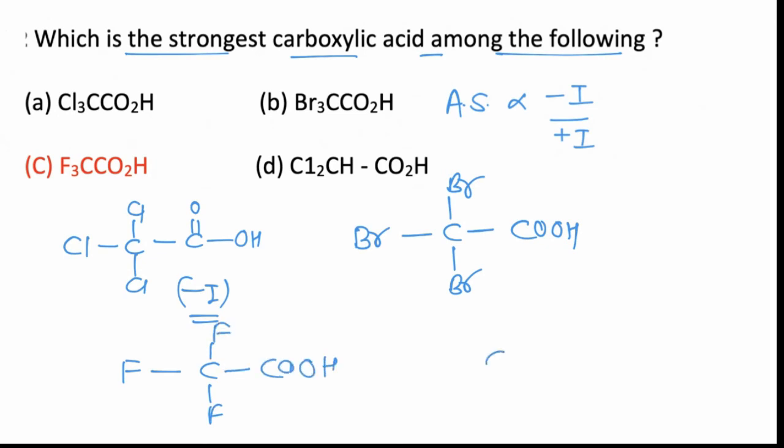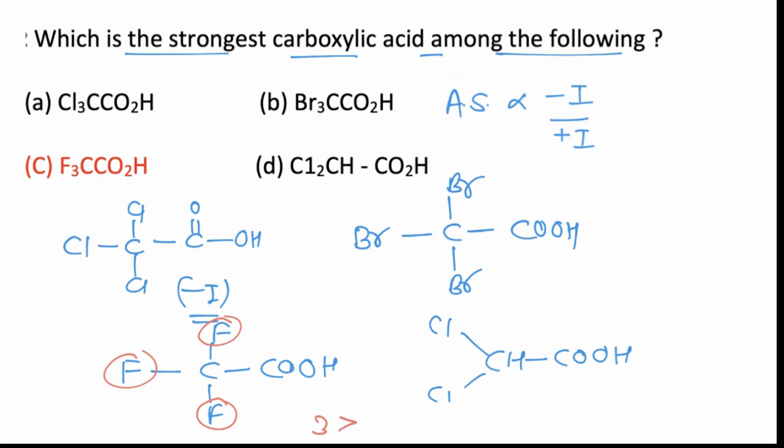In option D, 2 Cl groups are present which are having minus I. So among these, third is having the most electron withdrawing group with the maximum number. So third is most acidic.